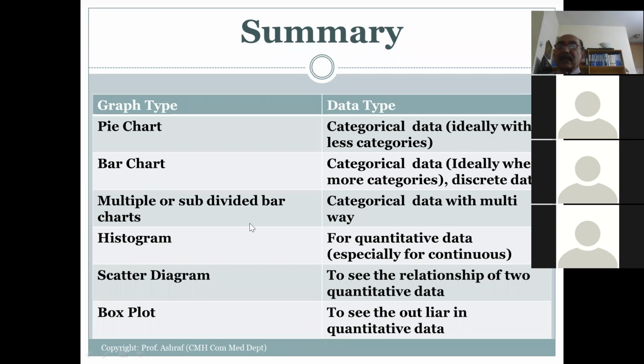For quantitative data, especially for continuous data, height, weight, blood pressure, you make the histogram. If you want to see the relationship between two quantitative variables, linear relationship, you make the scatter diagram, which will tell you the linear correlation. Then if you want to see the outliers, extreme values in your data, in case of quantitative data, you make the box plot.